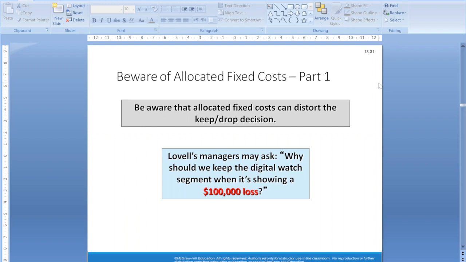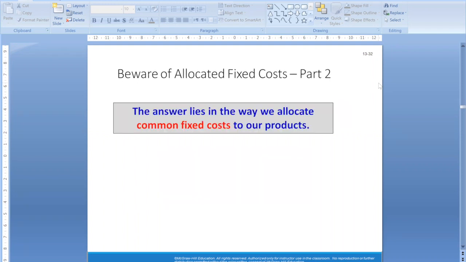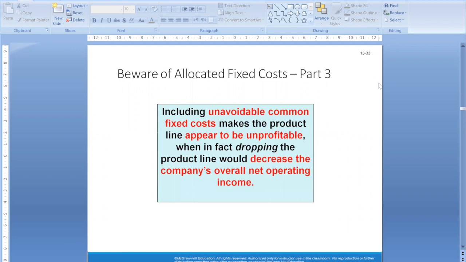Our answer in managerial accounting is that the answer lies in the way we allocate common fixed costs to our products, which means we have unavoidable common fixed expenses that make the product line appear to be unprofitable when in fact dropping the product line would decrease the company's overall net operating income. So again, the answer from managerial accounting is that we have to keep our line.